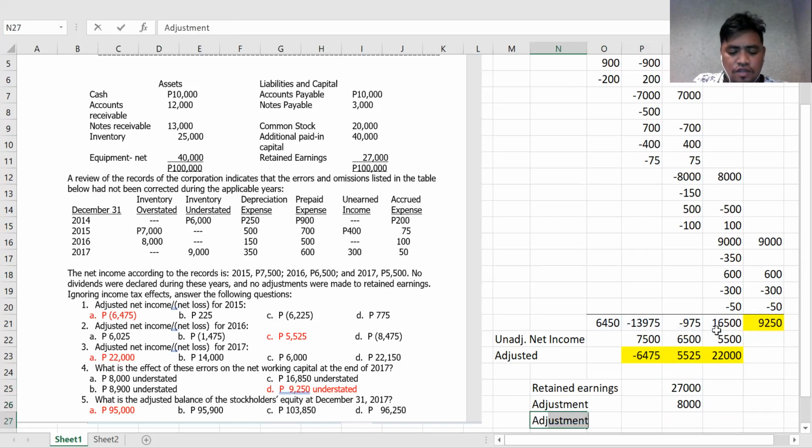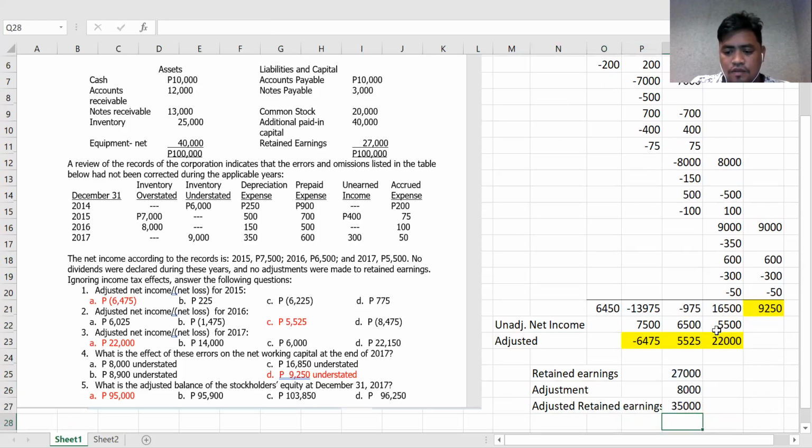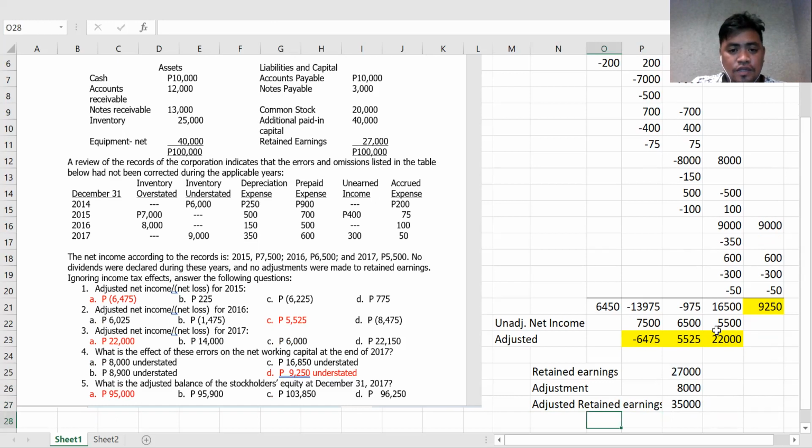So the adjusted retained earnings will be 35,000.